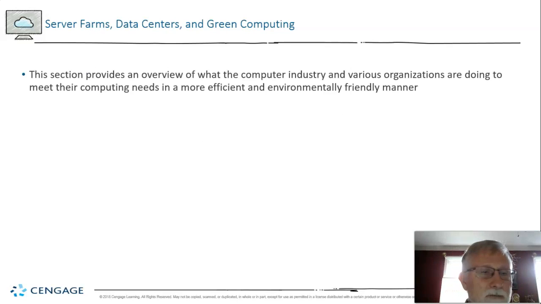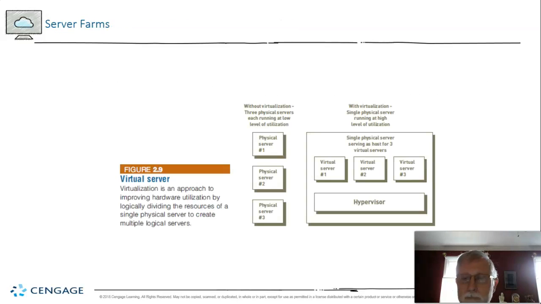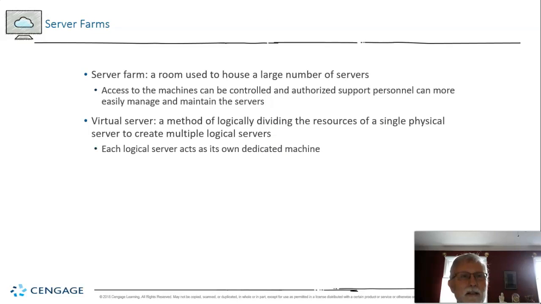Another brief section here is, since we have a couple of data centers in the area, you can call them server farms. Basically, a server farm is what? It's a room that holds a large number of servers. And access to this is controlled and authorized by your login password and what you've paid for.